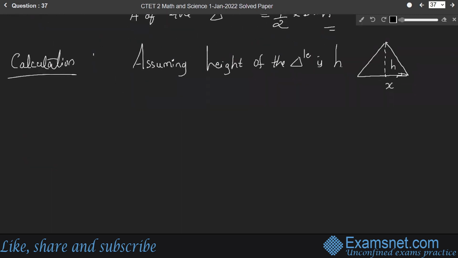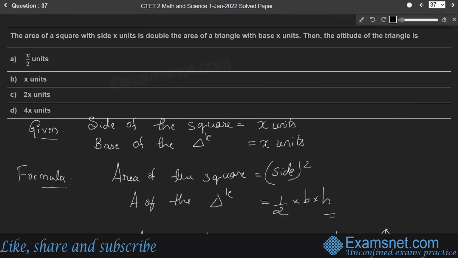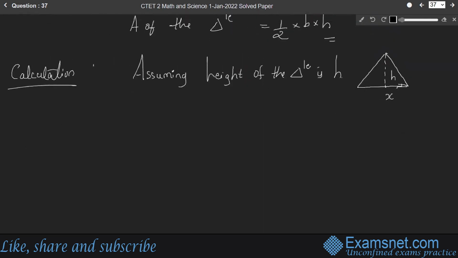Consider one more, that is a square of side x. So let h be the height of the triangle. So according to the question, area of square is equal to x square by question.